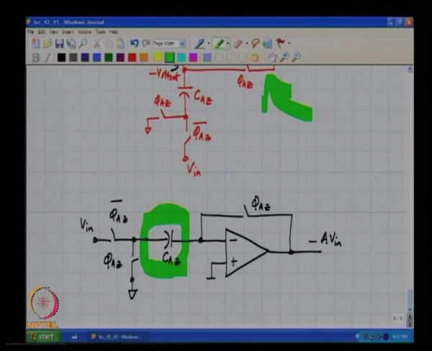If you want to subtract a reference, in principle what you must do is connect in series with Vn another battery which stores the reference. Now the question is, hey, we already have one battery which stores the offset, can you use the same capacitor to also store the reference, correct? So any suggestions?